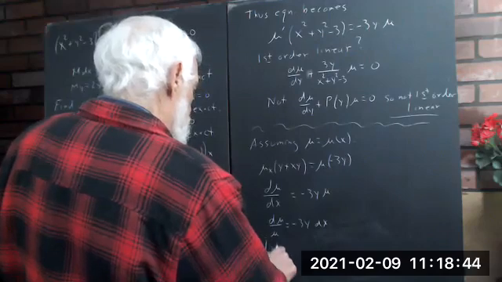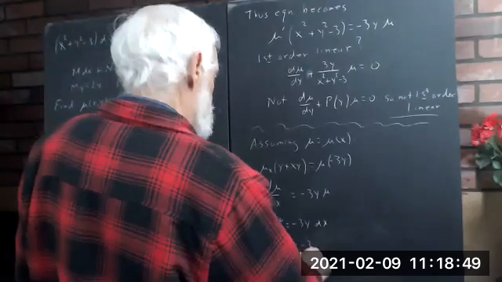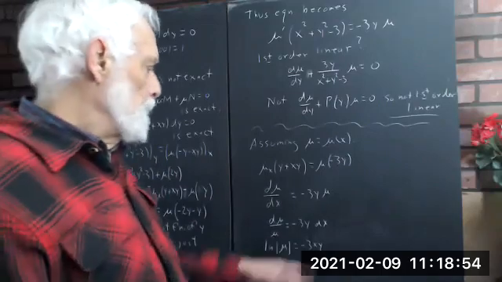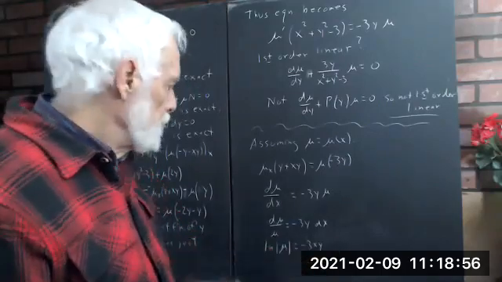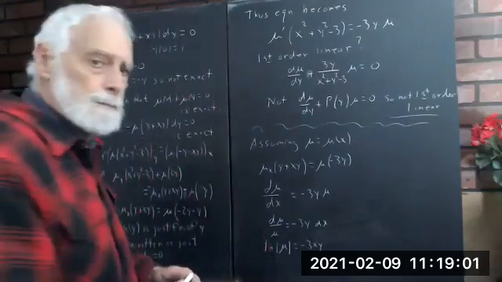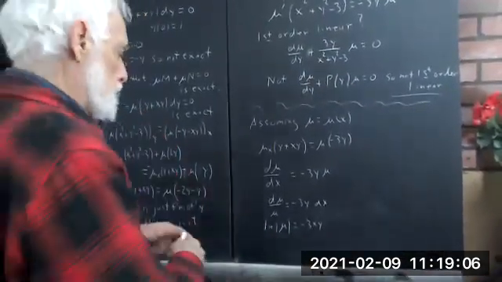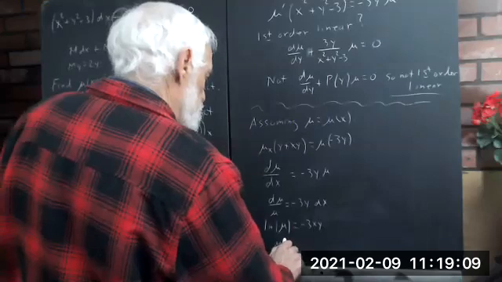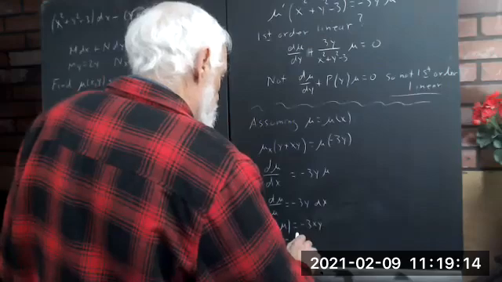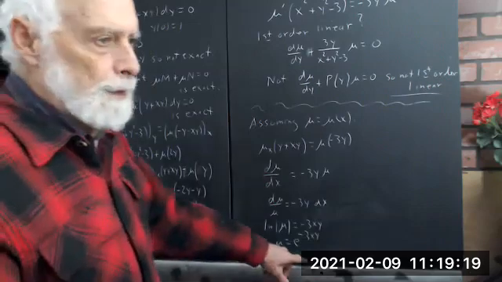So it's the natural log of the absolute value of mu equals negative 3xy. We could add a constant, but there's no reason to. So that mu could be e to the negative 3xy.